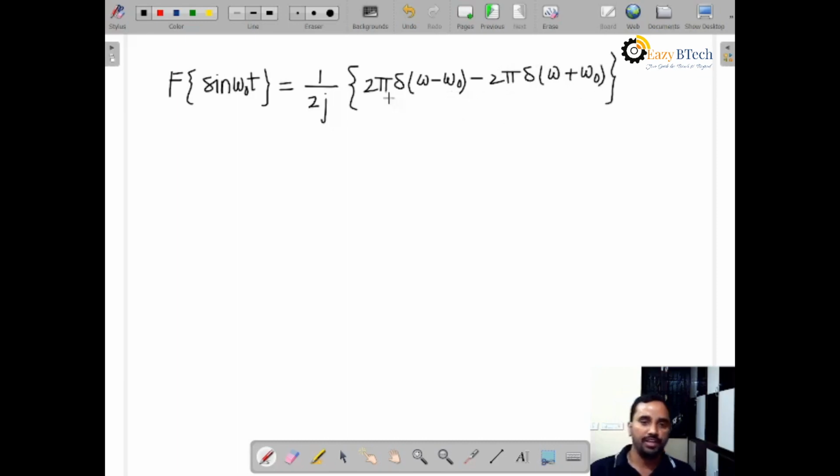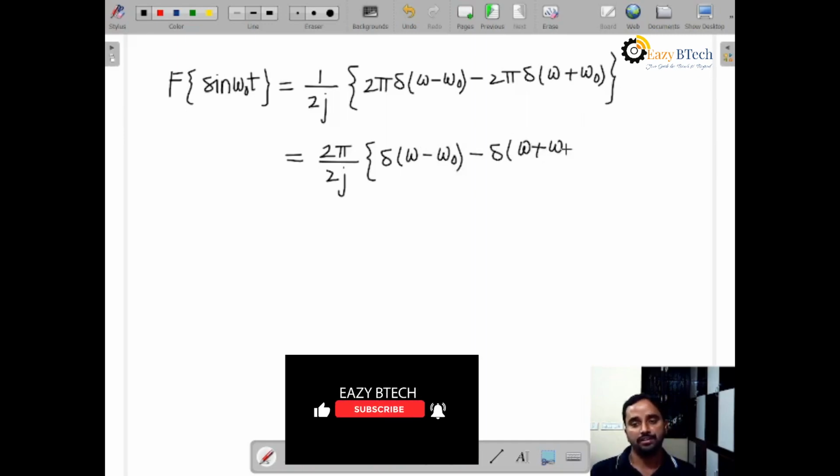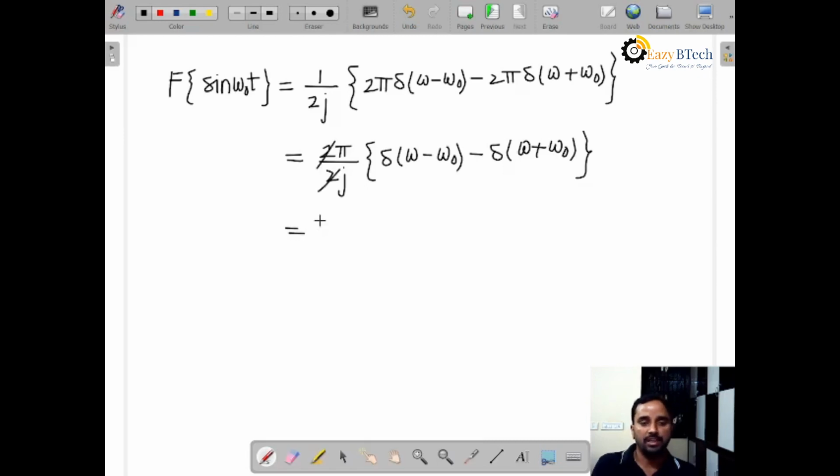Take 2 pi common, 2 pi by 2j. What is remaining? Del of omega minus omega naught minus del of omega plus omega naught. The 2 cancels, pi by j.